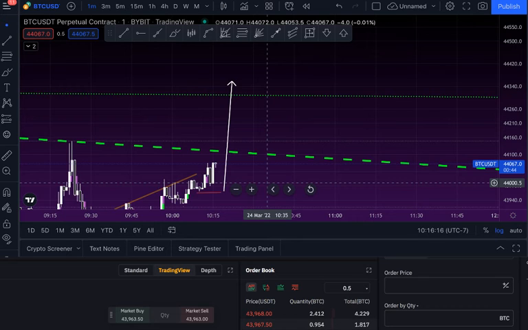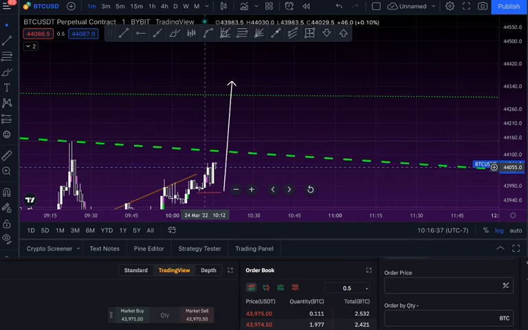Buying's kind of waning off at this level. They just did a big buy at this exact price 4 minutes ago. So we don't really want to lose this. Binance basically bought the top right here.